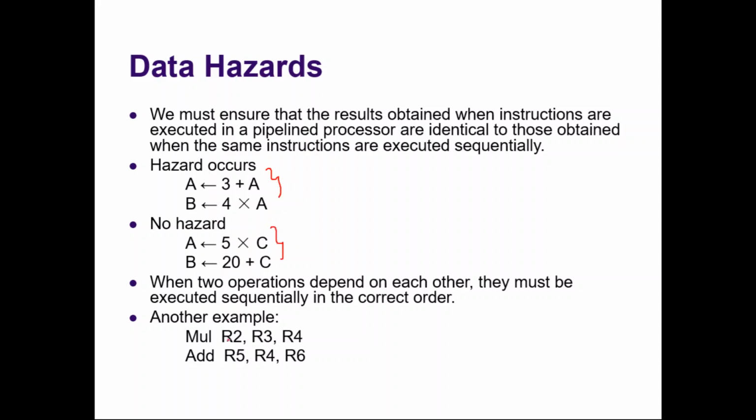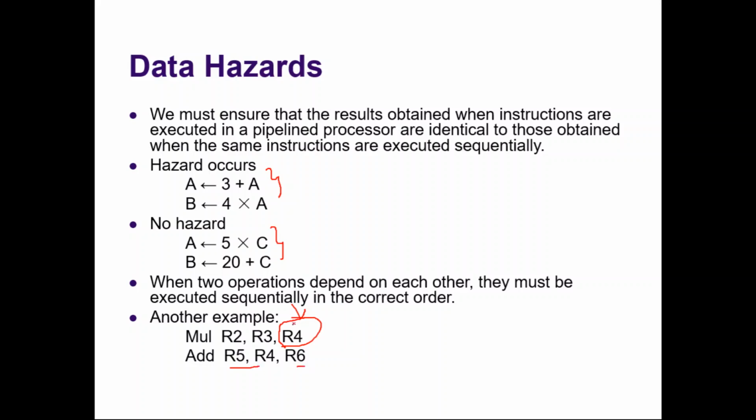Okay, let us see another example. Here what we are doing, multiply R2 with R3 and store the result in R4. So destination operand is R4, source operand is R2 and R3. R2 and R3 are multiplied and the result is stored in R4. And then we add R5 comma R4 and store the result in R6.